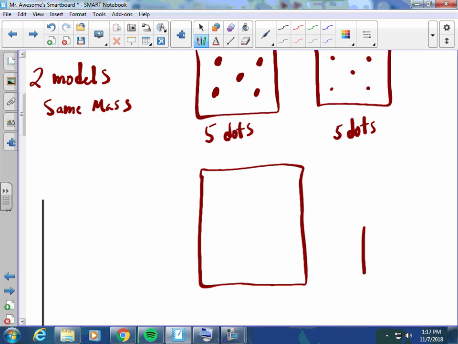And make a small one and still do the same number of dots. Is that right? Because we got to have the same mass. So if they're the same mass, say this is object A, this is object B, same mass, so same number of dots. But if I make this object larger, one thing I don't want to do is this.